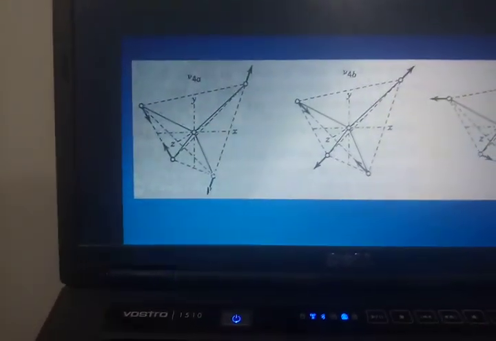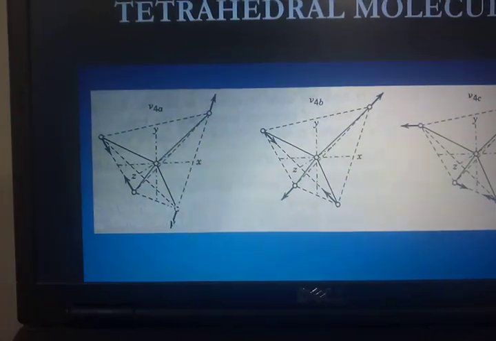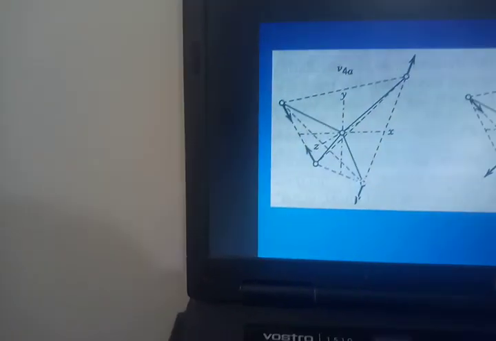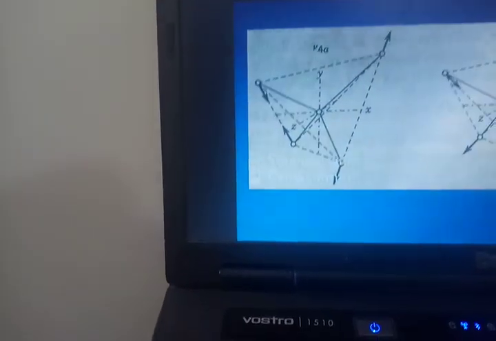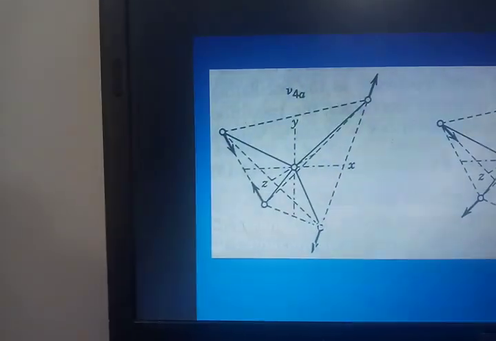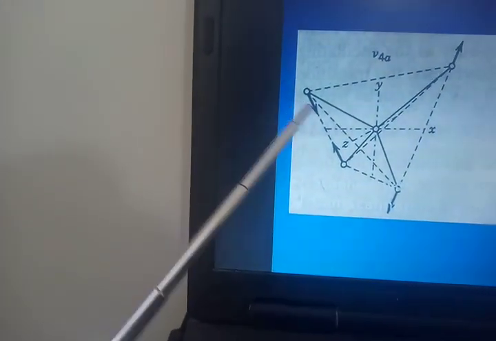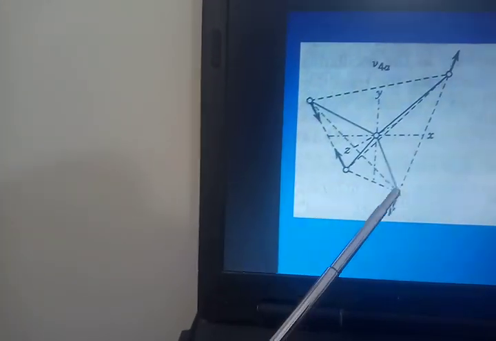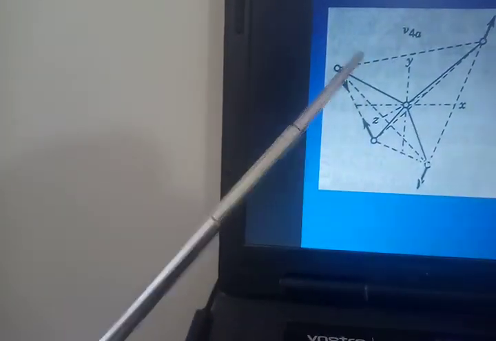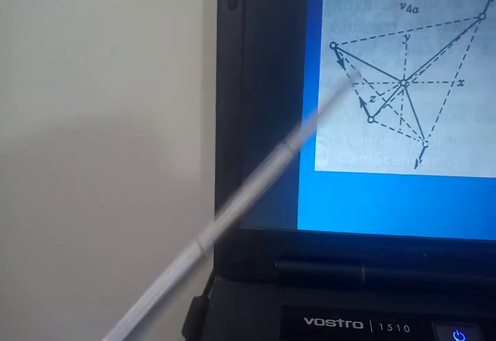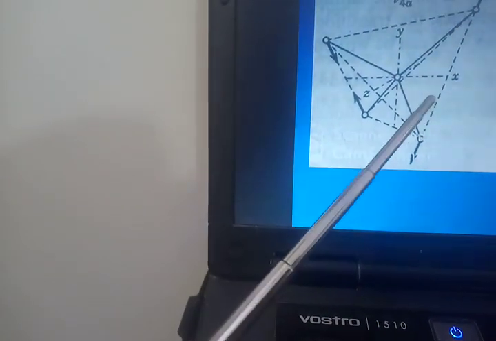Then lastly, there will again be a triply degenerate motion, and it will be a bending kind of mode, in which two of the hydrogen atoms will be moving towards each other, while the rest of the two hydrogen atoms will be moving away from each other. Here these two hydrogen atoms are moving towards each other, while these two are moving away from each other.